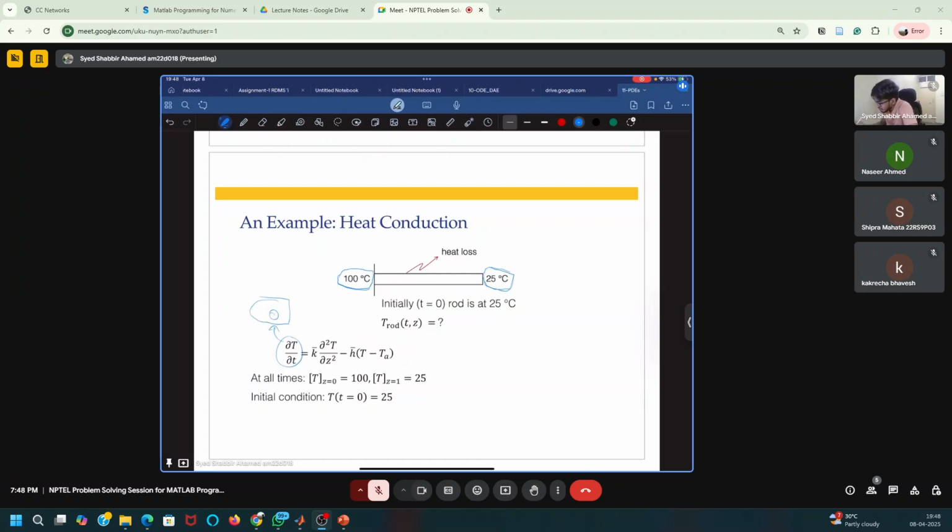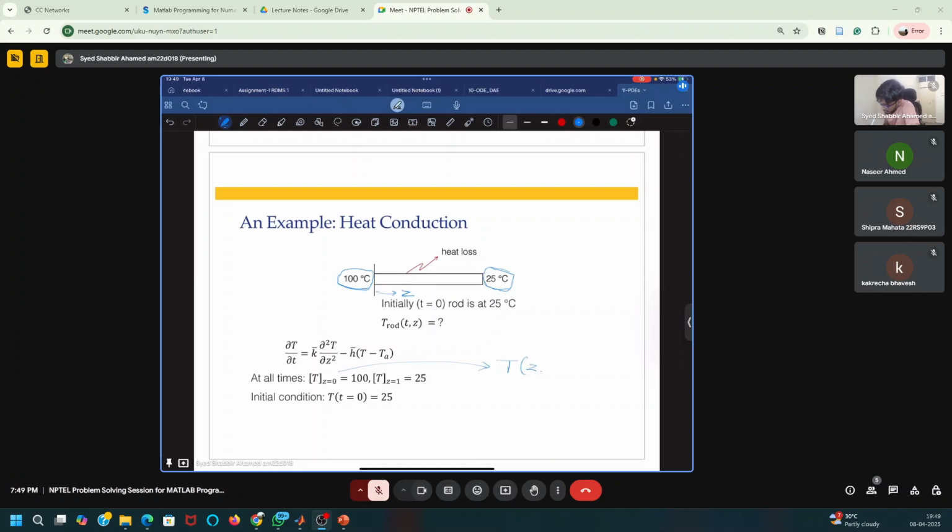One thing is constant here: at all times, regardless of time, we have these boundaries at constant temperature. If you take temperature as a function of z, which is this direction, z is 0 to z equals L at the end.